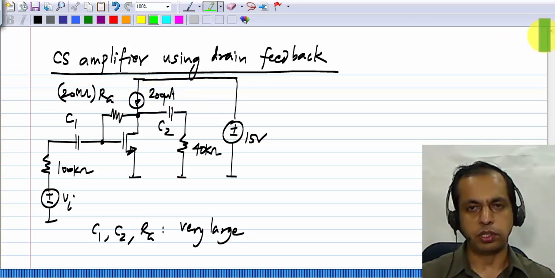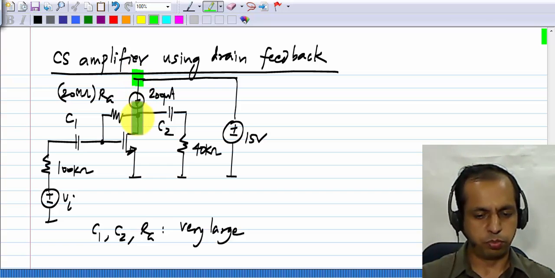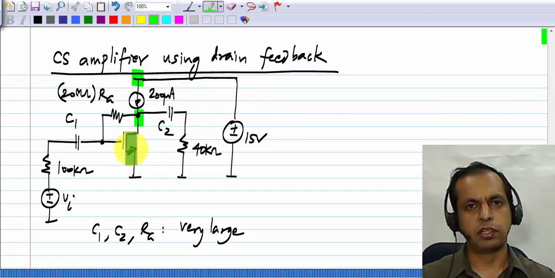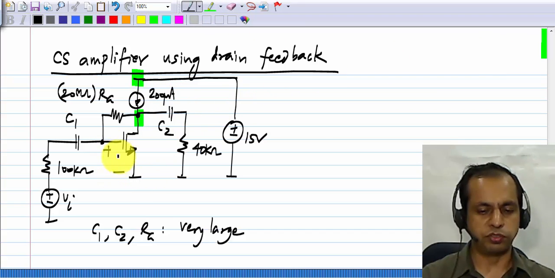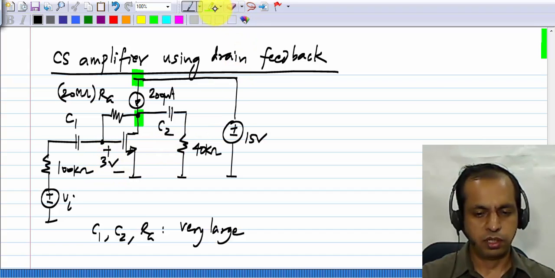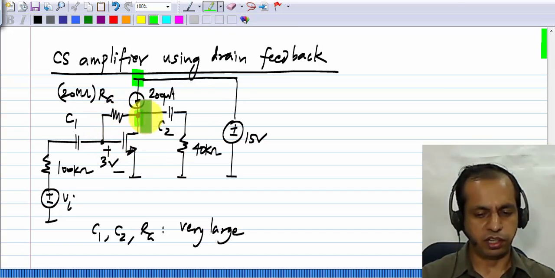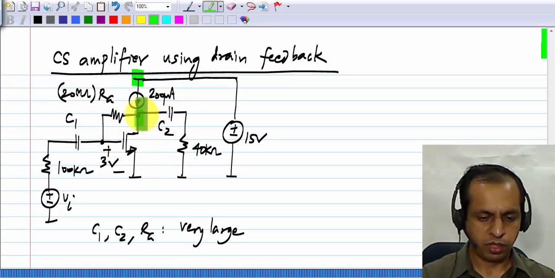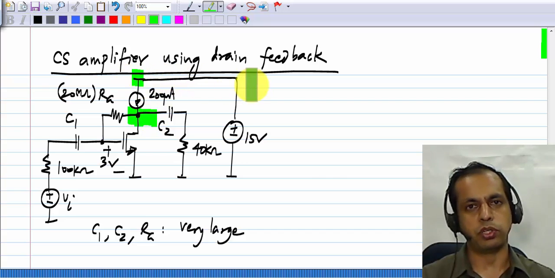What resistor do you substitute it with? You know what current source this is, it is 200 microamperes, and you know what voltage drop there is across it, because for a drain current of 200 microamperes, the gate source voltage of the transistor is 3 volts. And because no current flows through RG for DC, the drain source voltage is also 3 volts. So this point here is at 3 volts and this is at the supply voltage of 15 volts.